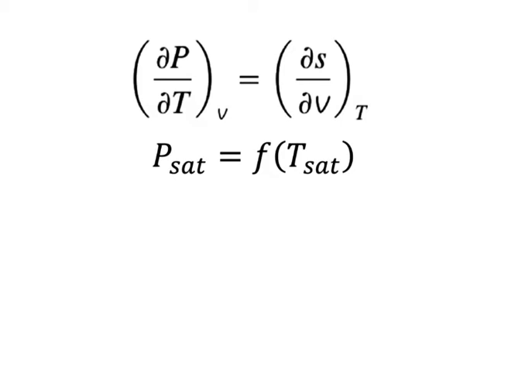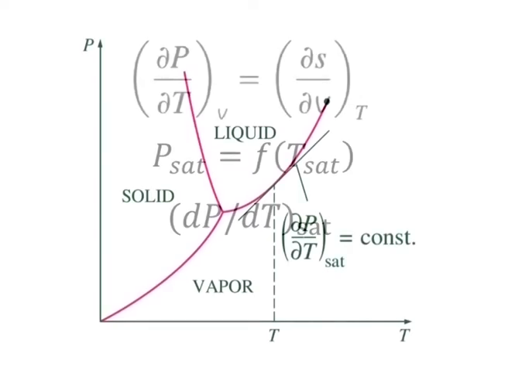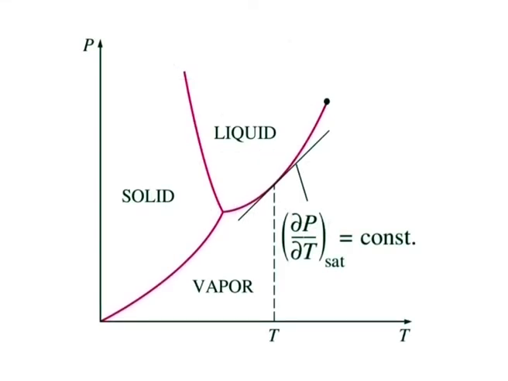Therefore, this partial derivative can be expressed as a total derivative, dP/dT saturation, which is the slope of the saturation curve on a PT diagram at a specified saturation state. This slope is independent of the specific volume and thus it can be treated as a constant during the integration of the third Maxwell equation between two saturation states at the same temperature.